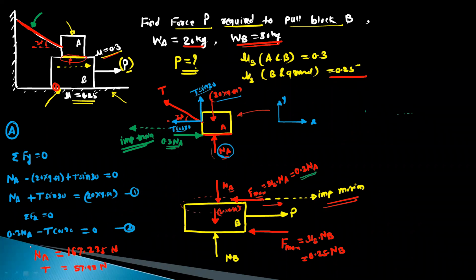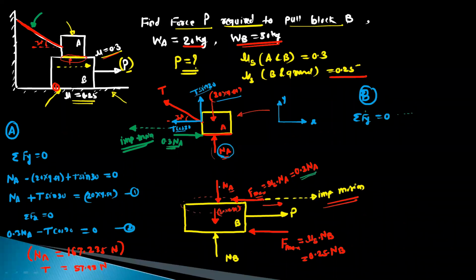We need the normal reaction NA for the second equation because it is the common value of the reaction. Now consider the second free body diagram. For the FBD of block B, write summation Fy equal to 0.